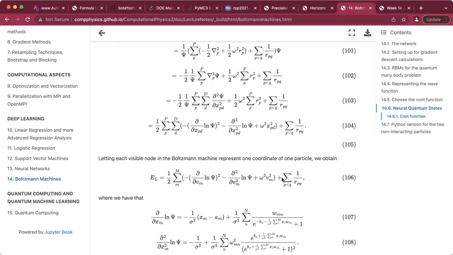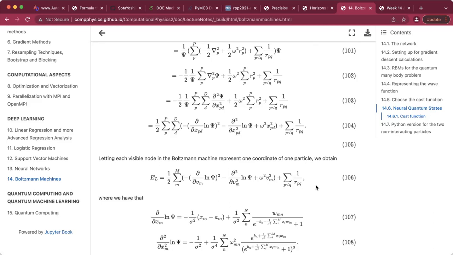So if you now start implementing a Boltzmann machine without the interaction, and this is what I would advise you to do in the beginning, the quantities we need to deal with are actually given by the first part here. So if you can see my arrow, the quantities we will need to implement are these first three terms, without the final one in equation 106.